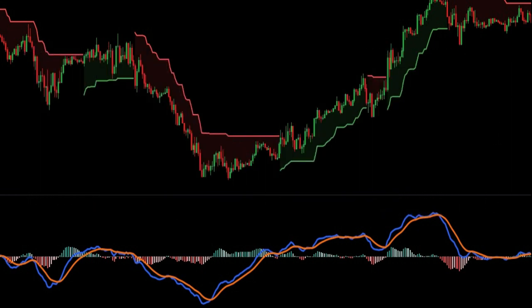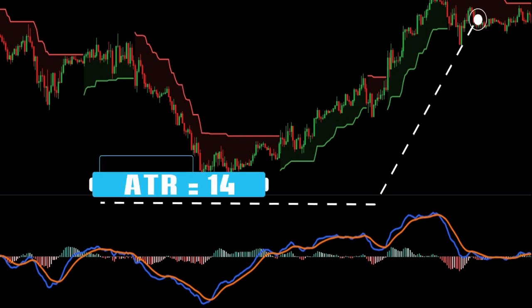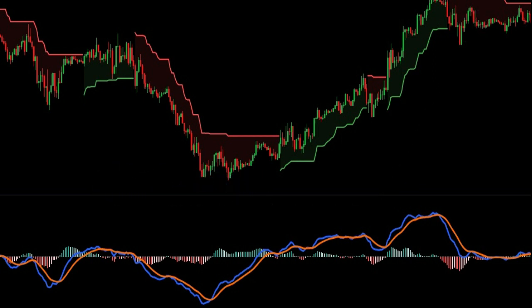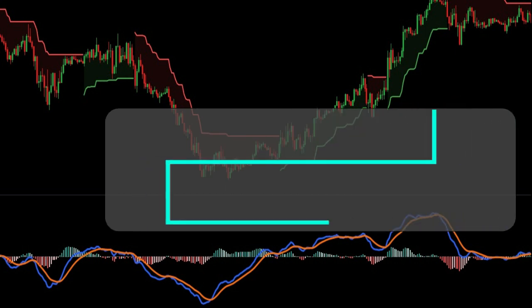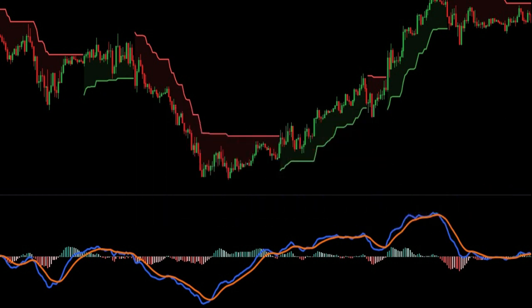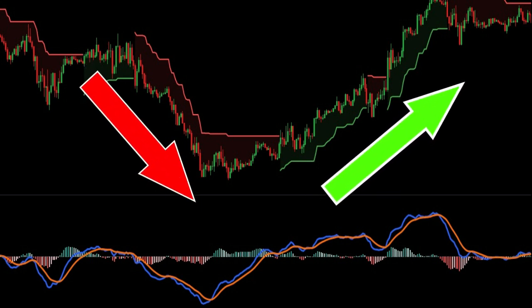So, when your ATR period in the Supertrend Indicator is set at 14, it means the indicator is looking back at the highs and lows of 14 days. When a market is highly volatile, the ATR will be high. On the other hand, if there is little volatility, the ATR will be low. Now, the Supertrend combines the ATR with a multiplier to detect changes in trend direction.